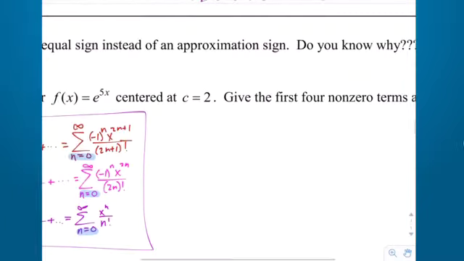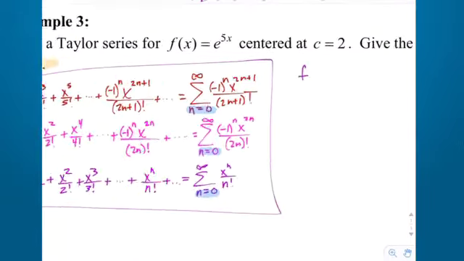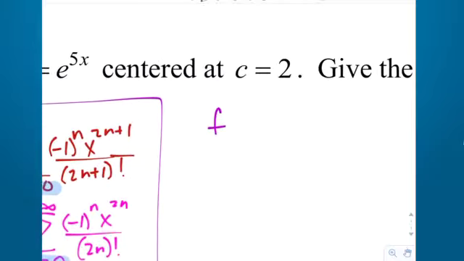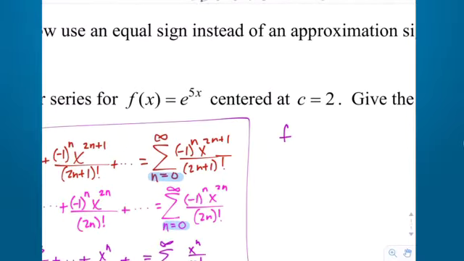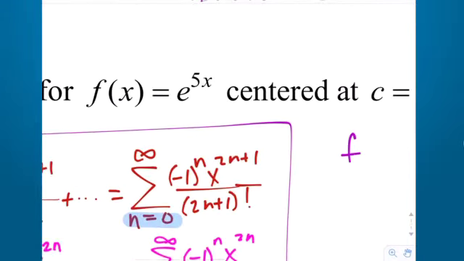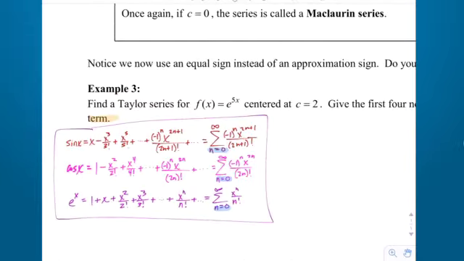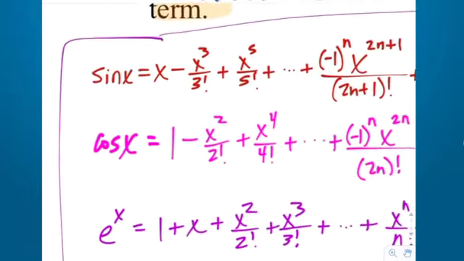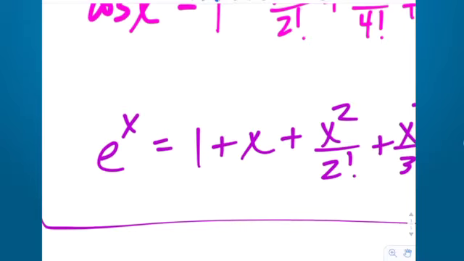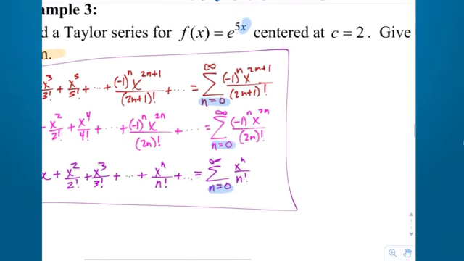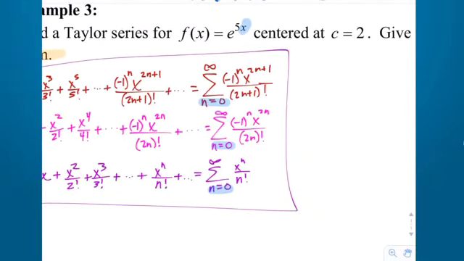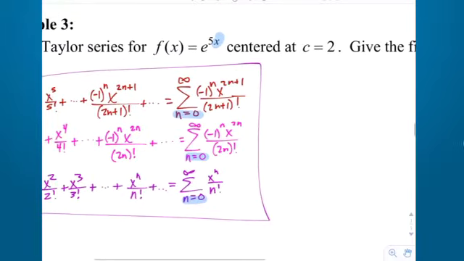So let's go back to the basics here and just derive it from scratch, and see if it does end up being just the substituted version of x minus 2. Well, before we do that, if I just substitute a 5x in here for x, that's not going to quite do the trick because that would be still centered at 0, okay?